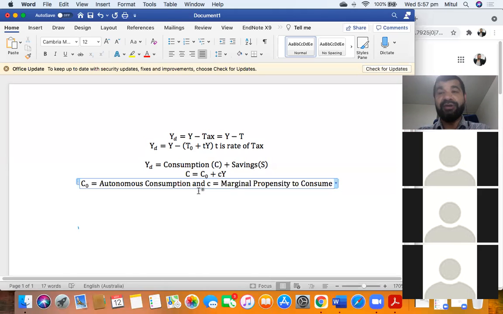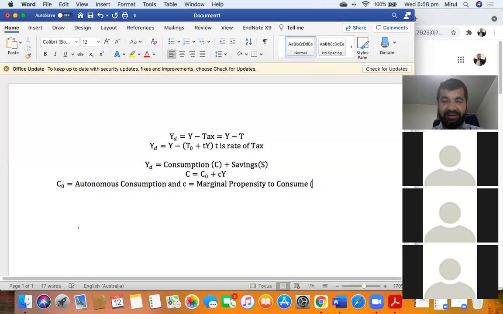What percentage of your income do you consume and what percentage do you save? Let's say out of your income, 20% you save, 80% you consume. So your MPC is 80%. Again, you're expressing it as a percentage. That's the marginal propensity to consume.